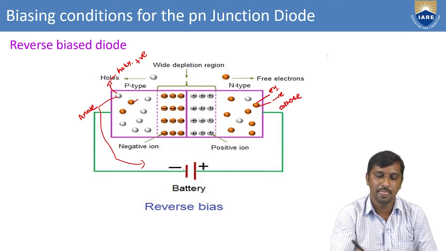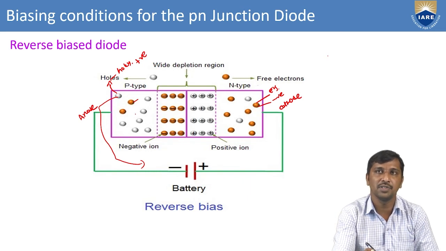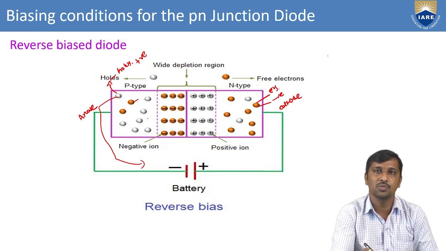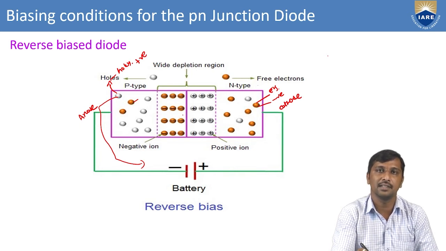Due to this reverse bias, the minority charge carriers diffuse from the P side to the N side as well as from the N side to the P side. Hence, it allows only a minority charge current that is very, very small here. So there is no majority charge carrier conduction across this PN junction under reverse bias. That is the reason there is no conduction under the reverse biased PN junction diode.